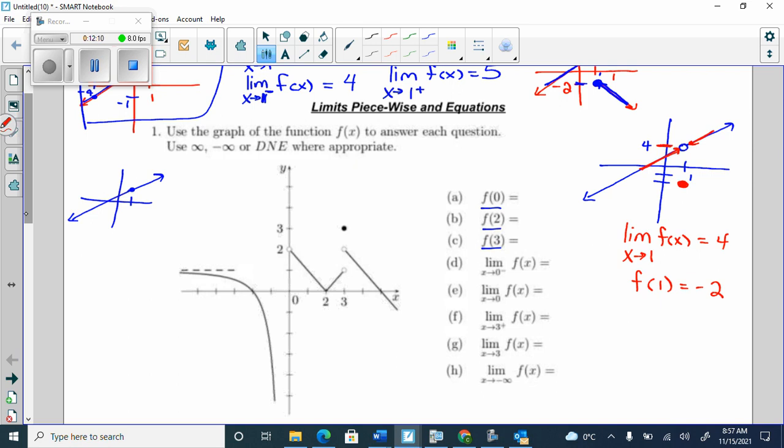F of 0, what's my y? Does not exist. There is no other dot down here, and there's an open dot on x equals 0, right? But if there was a closed dot somewhere else, it would. You just tell what it is.